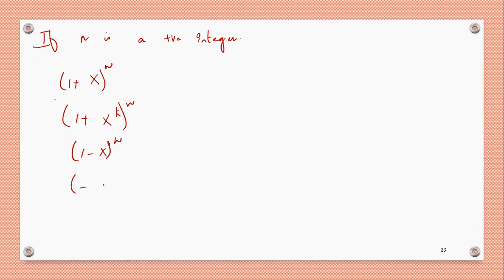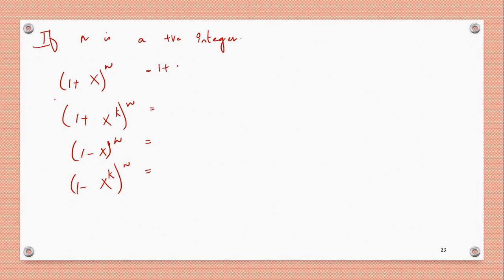That is, if n is a positive integer, then I'll write a set of formulas which you can get by using binomial theorem. But here let's just summarize it. 1 plus x whole power n, 1 plus x power k whole power n, 1 minus x whole power n, 1 minus x power k whole power n.